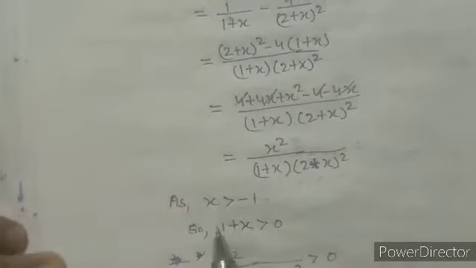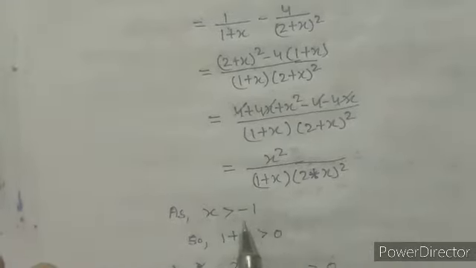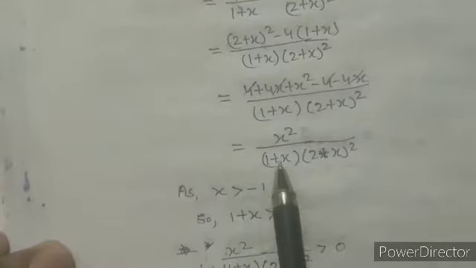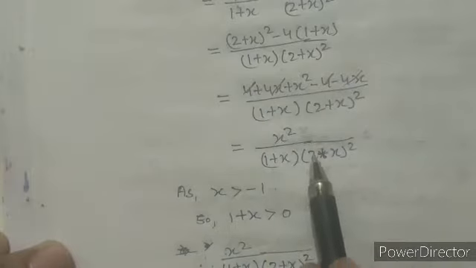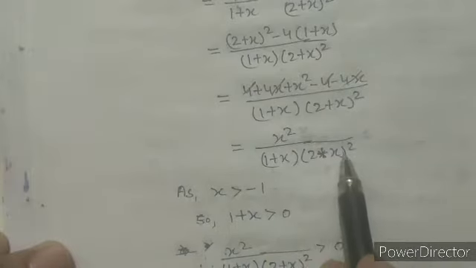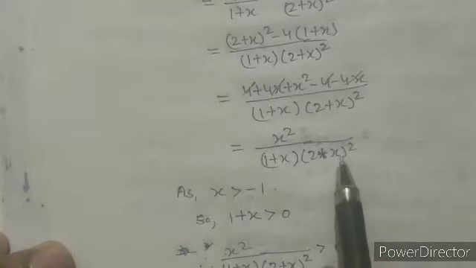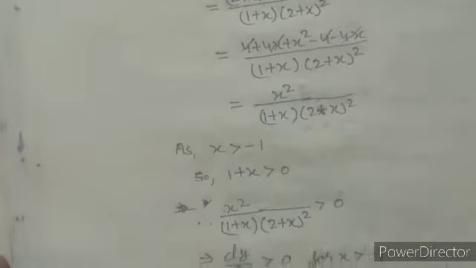Now as we know that x is greater than minus 1, so we can say that 1 plus x will be greater than 0. Similarly, x square and (2 plus x) whole square will also be greater than or equal to 0, as the square of a number is greater than or equal to 0.